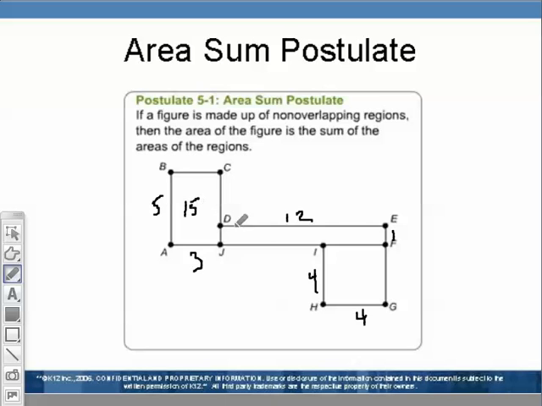It'd be 15, 12, and 16, and I could add those together, and I would get 43 units squared. Did I add that right? 5 and 6 is 11, and 2 is 13. Carry your 1, 43. Yes, 43 units squared. That's the way I would go about finding a combined area like that.